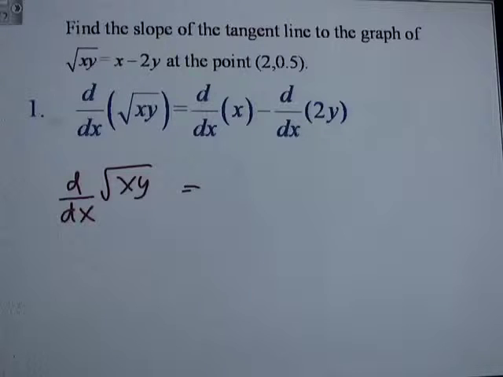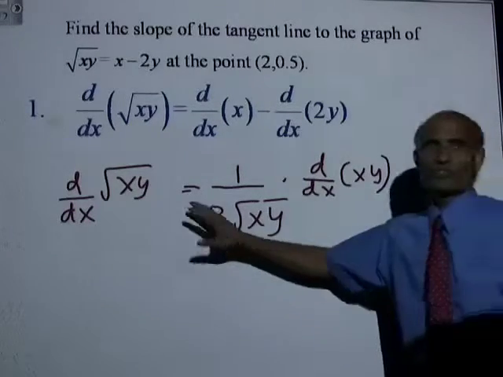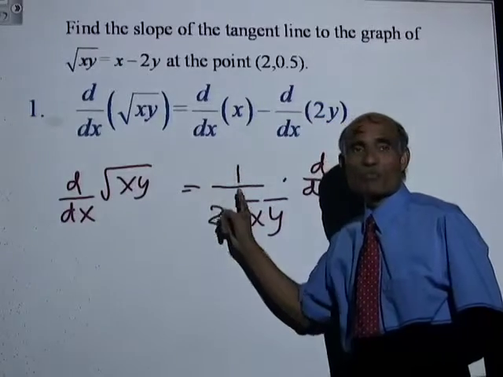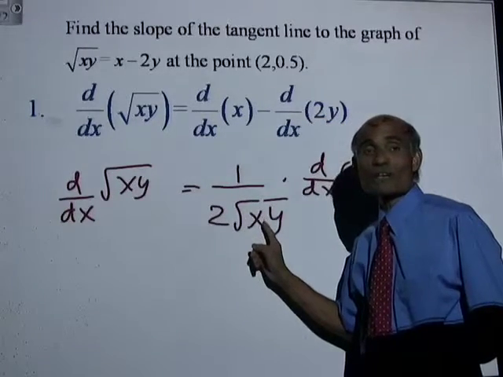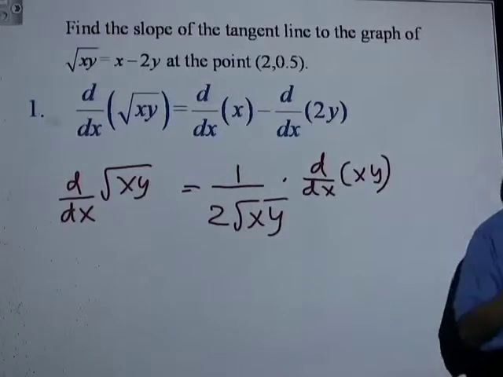Remember, the derivative of a square root quantity is 1 over 2 square root of the quantity times the derivative of that quantity, d by dx of xy. Practice this: the derivative of square root xy is 1 over 2 square root xy times the derivative of xy.